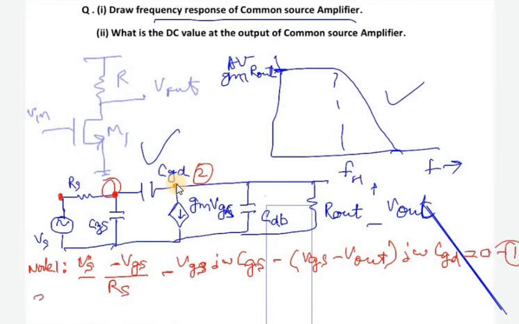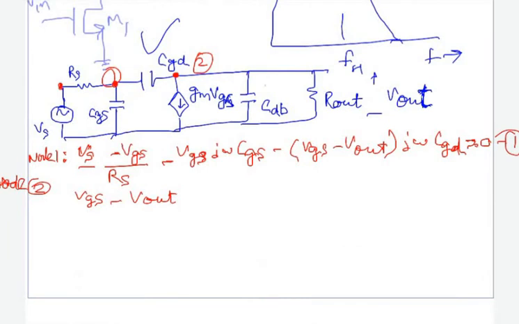Now equation 2 at node 2 will come. (VGS minus Vout) times jωCGD, the voltage between node 1 and node 2 across the capacitance CGD. Now we are applying KCL at node 2, meaning this current gm VGS, then Vout times jωCDB, the CDB capacitance, and one more thing, Rout, so Vout by Rout.